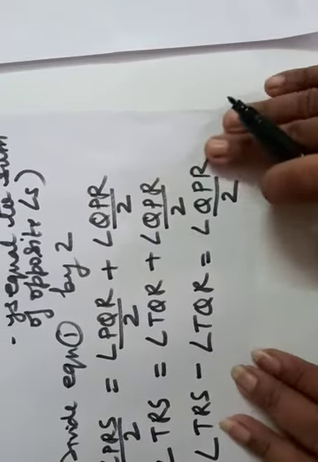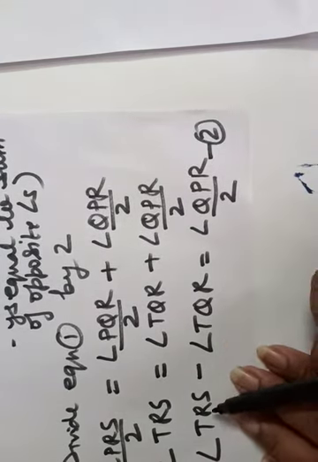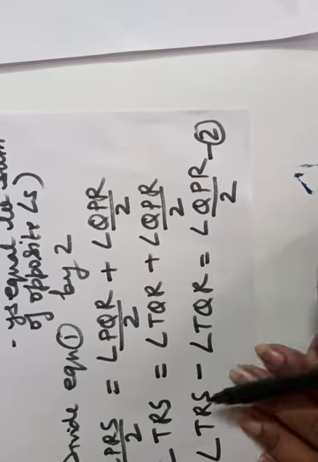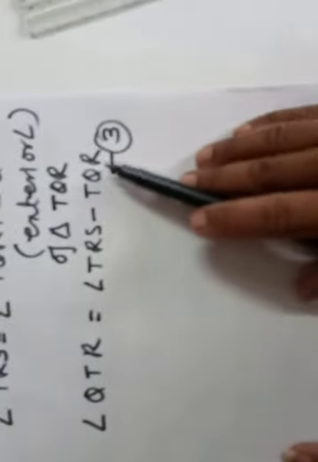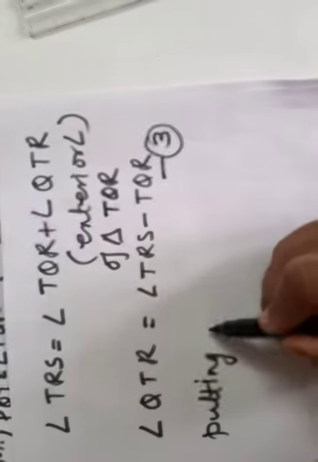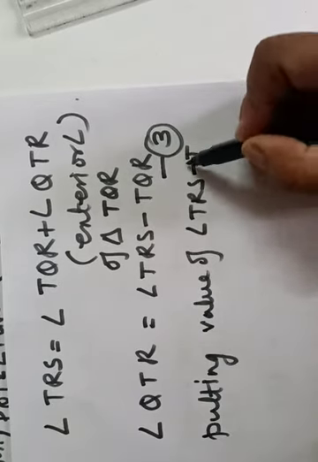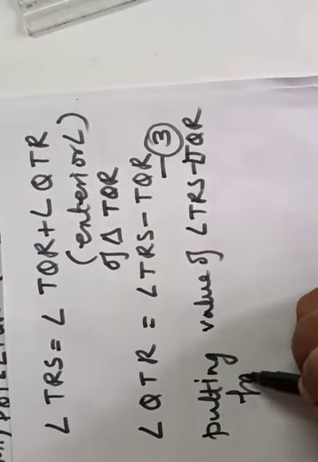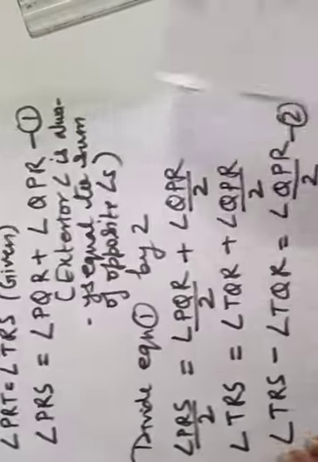Now first of all we already have this equation, that is angle TRS minus angle TQR is equal to angle QPR upon 2; let this be equation 2. So from equation number 3 we will put the value of TRS minus TQR in equation 2. What was equation number 2?